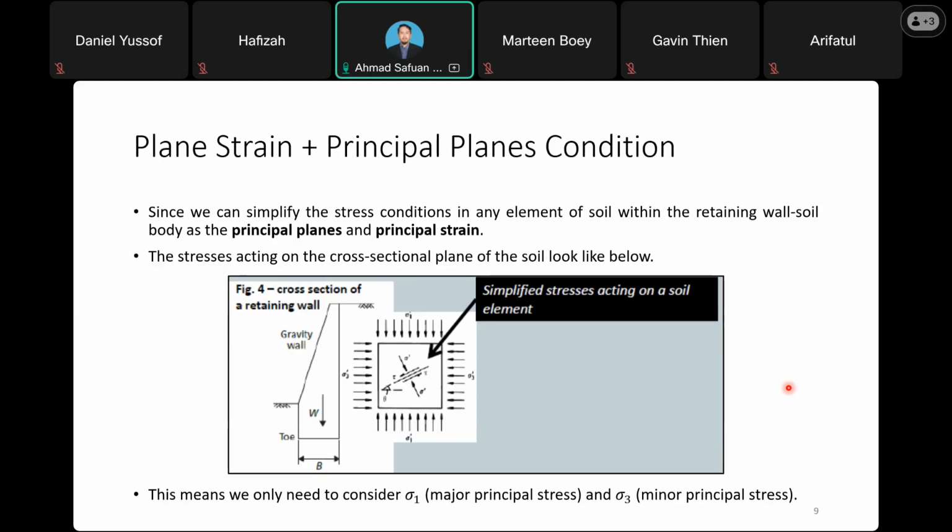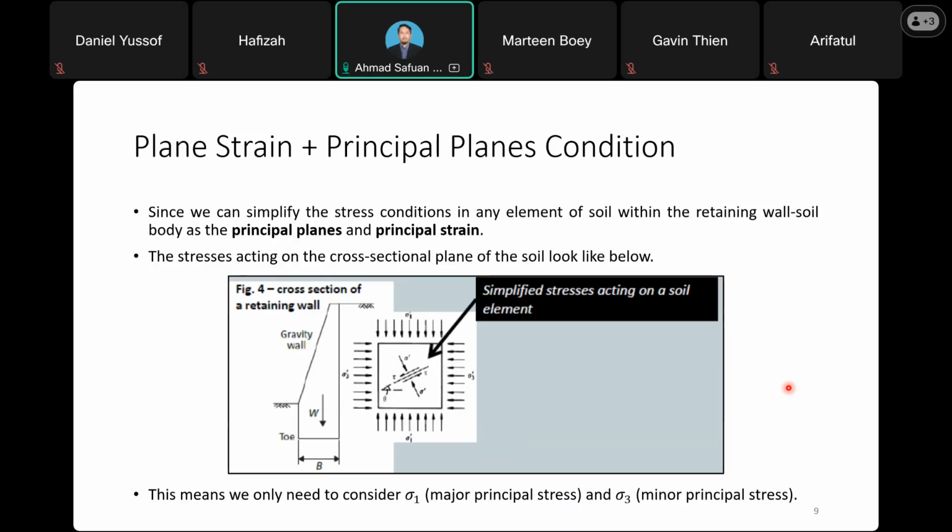So inside the soil, inside the square shape or the soil body, there will be shear stress and also normal stress acting inside it.